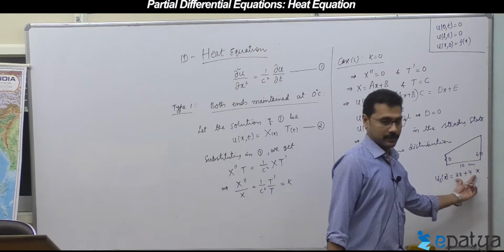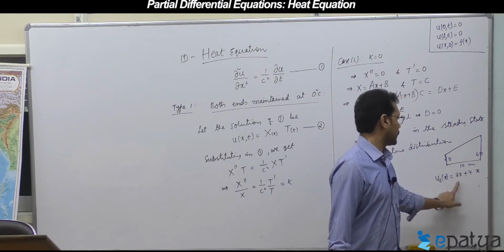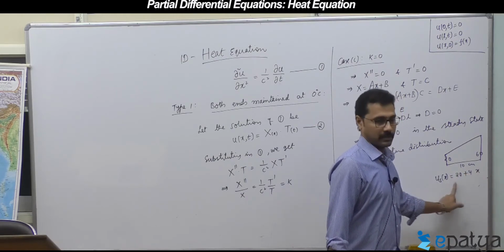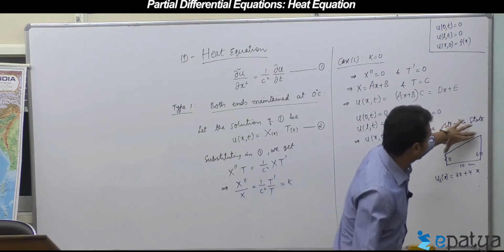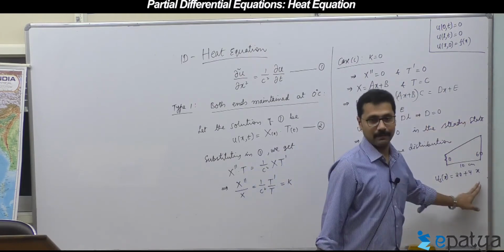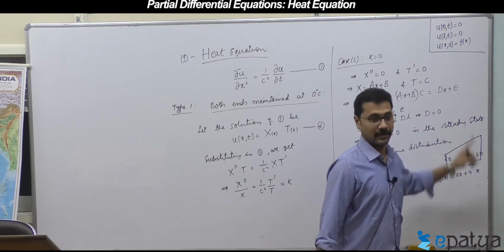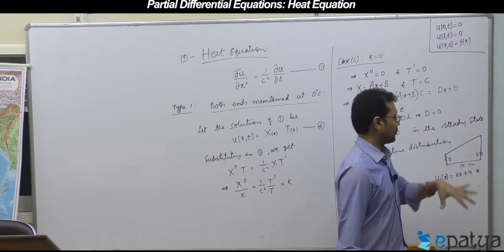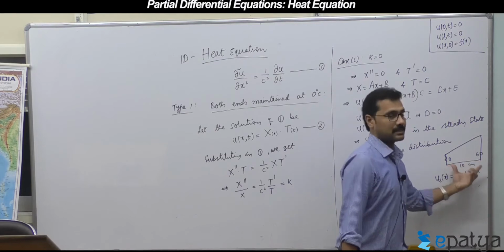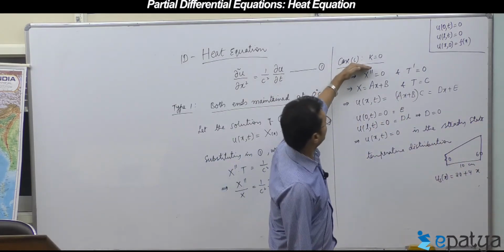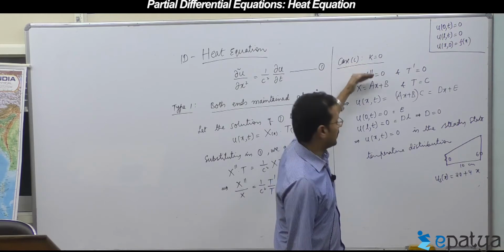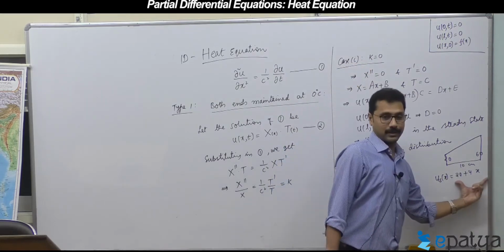20 plus 4x, x equal to 0 gives 20, x equal to 10 gives 40 plus 20, this is y equal to mx plus c. So this straight line should look like 20 plus 4x finally. If this is the scenario that I have in the boundary conditions, then the k equal to 0 case would have given me 20 plus 4x.